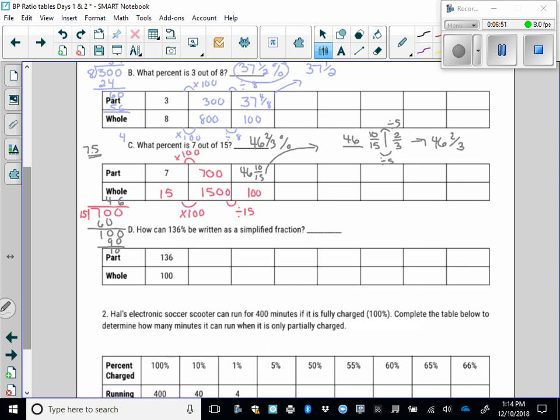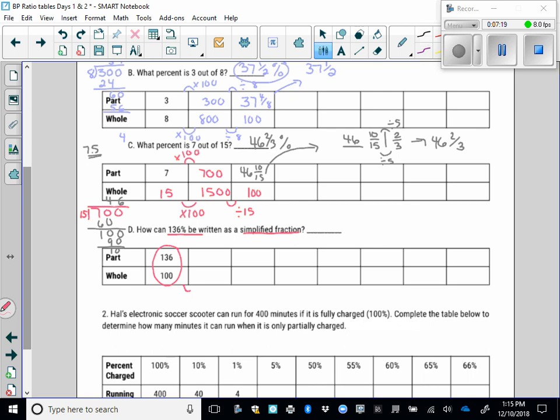Now we're going to look at the last question, which is a different question altogether. How can 136%, so this is 136% right here, be written as a simplified fraction? So the goal is to kind of go the opposite direction, reduce as much as you can.